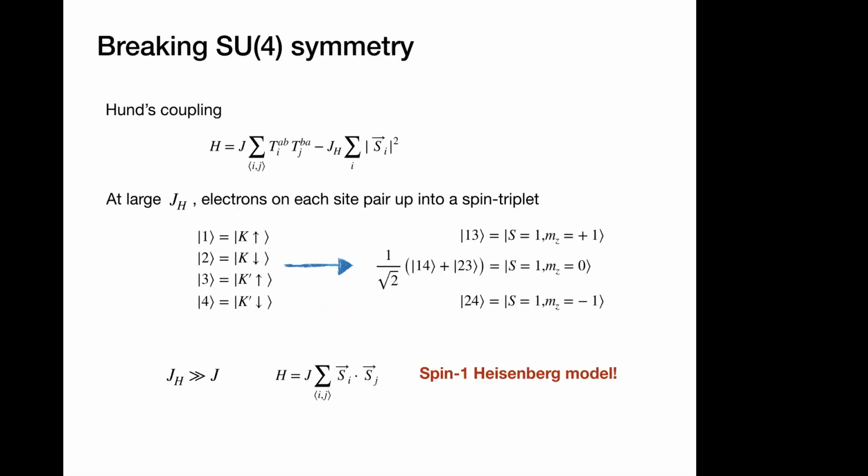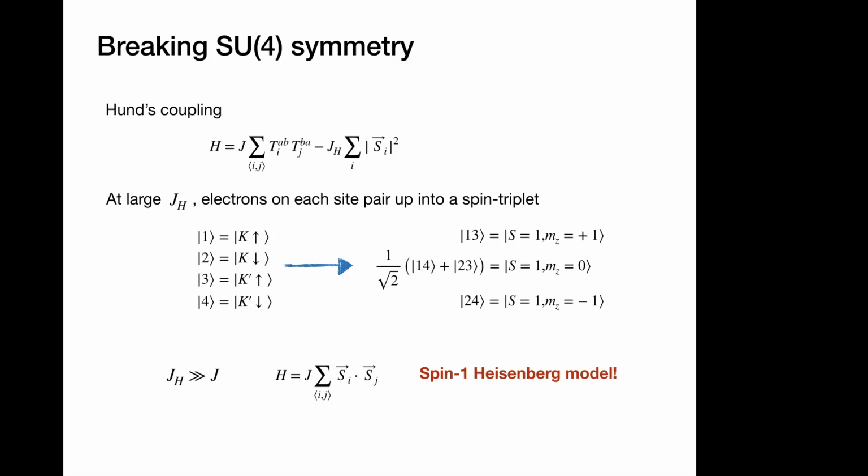So just briefly to mention some effects of SU4 symmetry breaking. A natural way in which SU4 symmetry could be broken, when we consider the SU4 coming from the spin and valley degrees of freedom, is by adding a Hund's coupling term. This term would essentially try to pair up the two spins into a spin triplet.